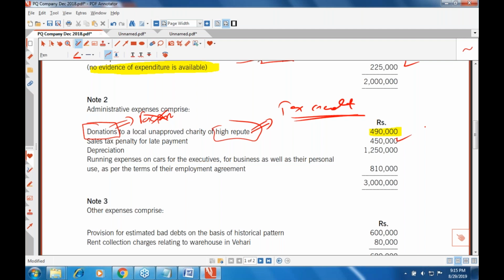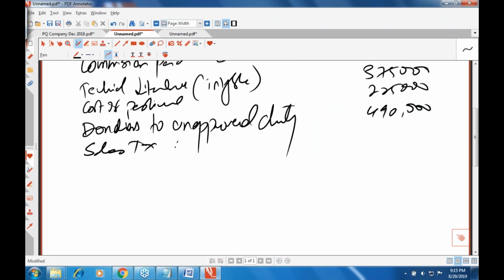So the sales tax penalty is not a claimable expense. This is actually 450,000. What next is there?